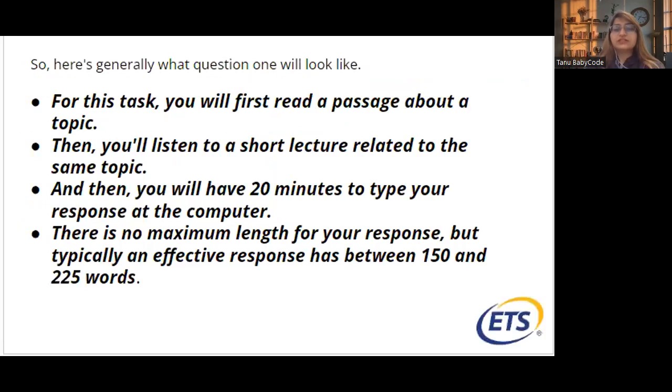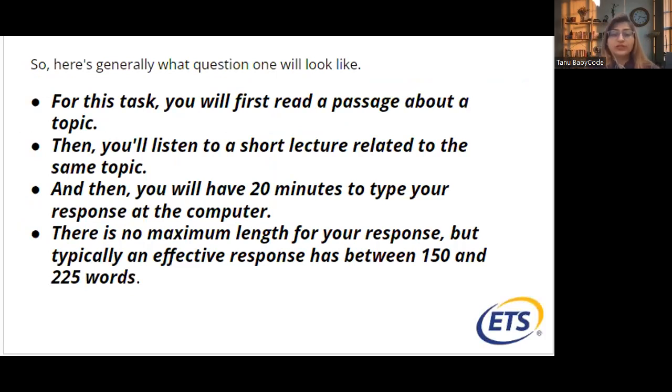The very first thing is, what is this task about, the integrated writing question? It's about you will read a passage about a topic. That means you will get a reading passage here.